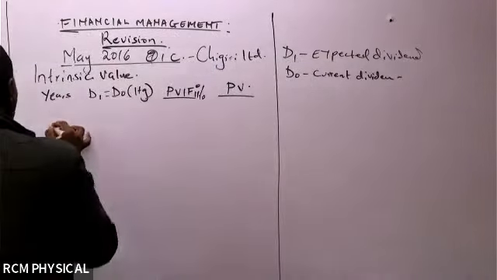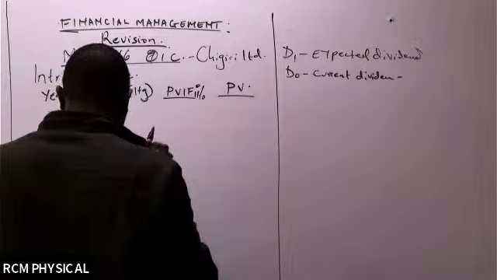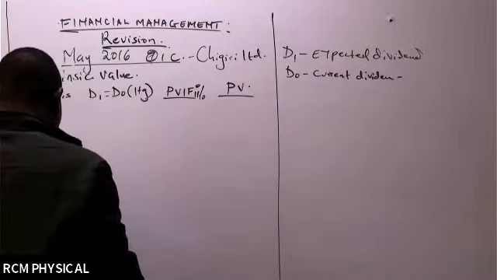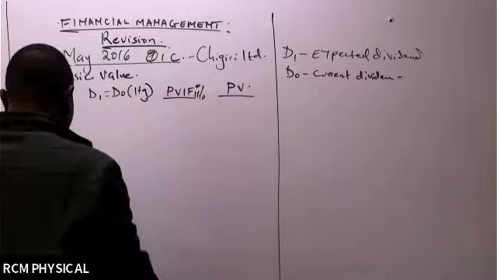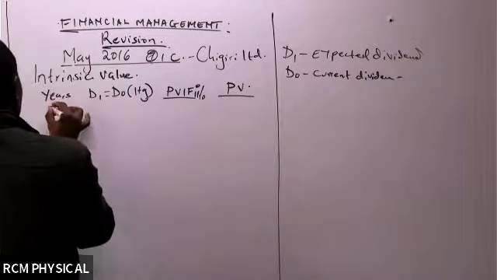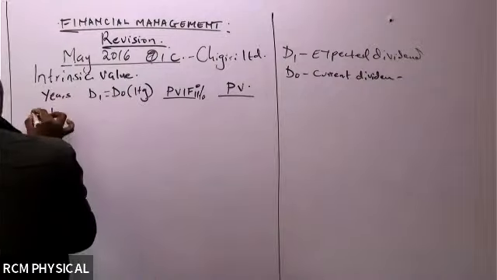So in this case, I've been told that this dividend is expected to grow at a rate of 15% per annum for 2 years. So year 1, year 2, the dividend will grow at a rate of 15%.